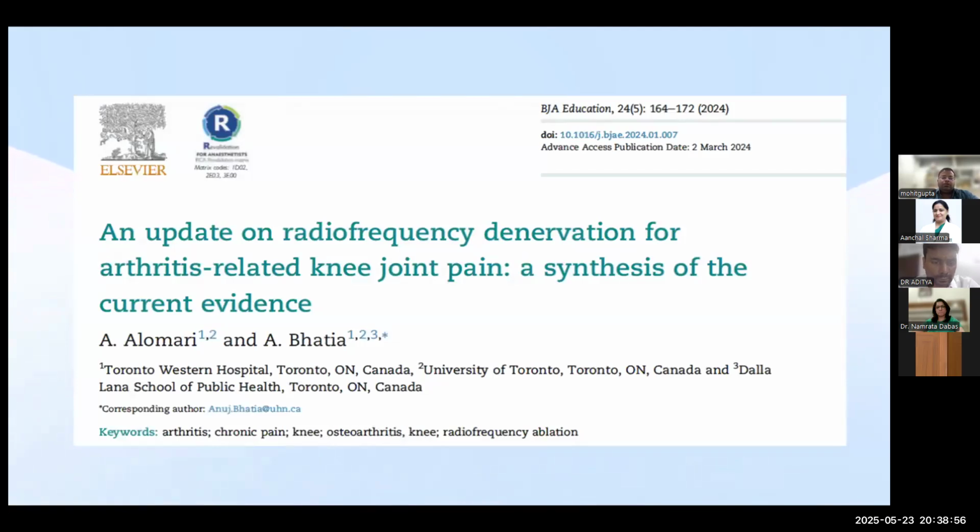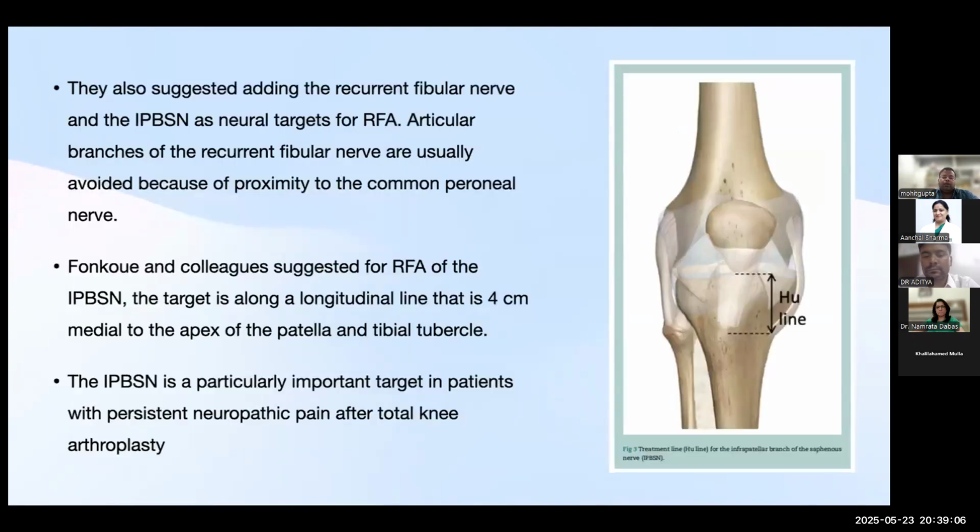Similarly, this study also stated that the infrapatellar branch should be targeted. As you can see in the diagram, the Hugh line that was proposed was according to an anatomical landmark, 4 centimeter medial to the apex of the patella and tibial tuberosity.